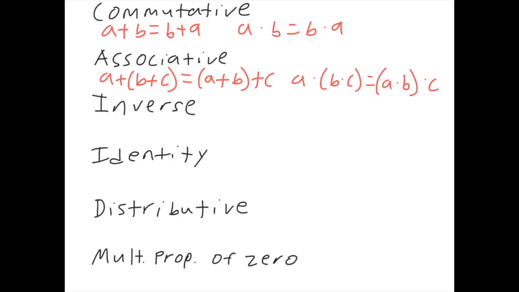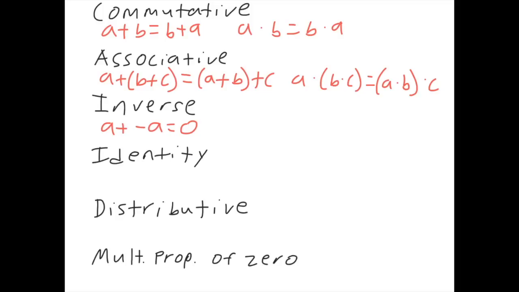The inverse properties had to do with opposites. So in addition, if you had a number A, the opposite of that would be negative A. And so if you added those 2 opposites together, you would get 0.